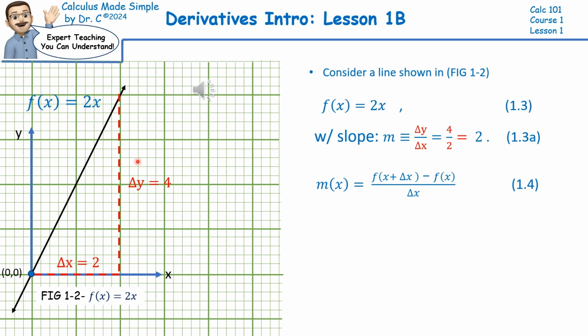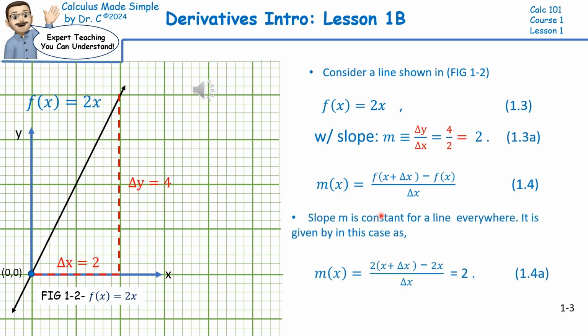So we get delta y is f of x plus delta x minus f of x, and then we divide by delta x. So that's a more detailed expression, and this gives us the slope for the line everywhere. In this case, since it's a straight line, the slope is constant, it's equal to 2.